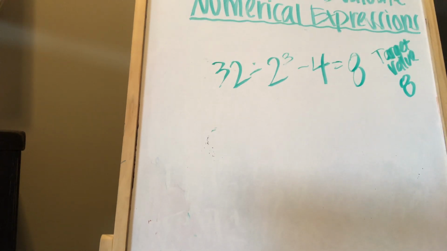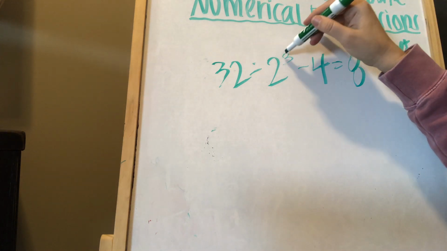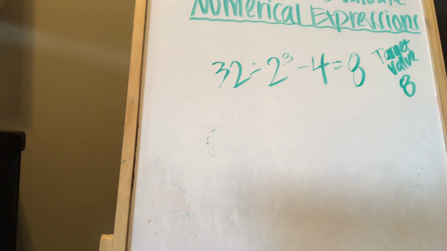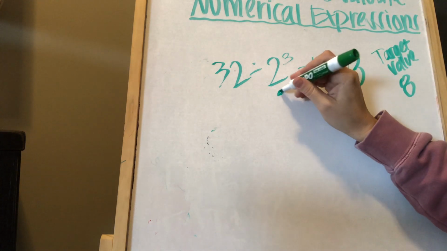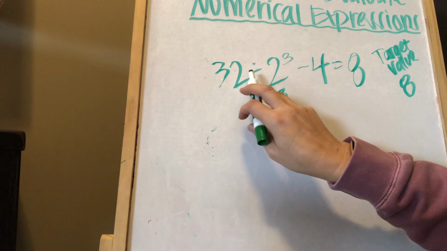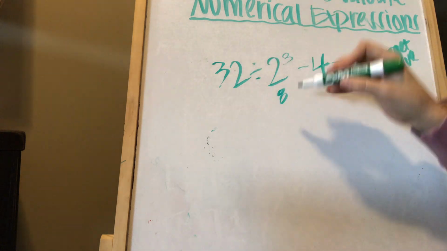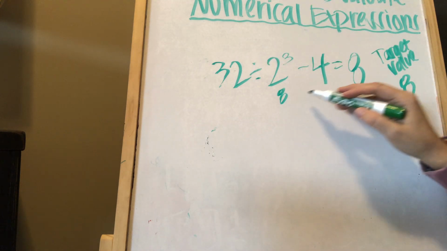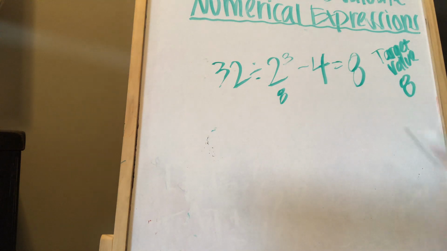If I was just to solve this as is, I have my exponents, so 2 to the third, so 2 times 2 times 2, which is 8. My next thing would be my division, so 32 divided by 8, which is 4. 4 minus 4 does not equal 8. So we need to think about where we can put parentheses so that the answer will equal 8.